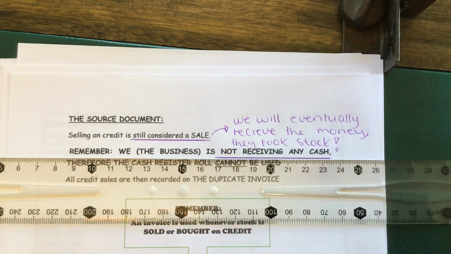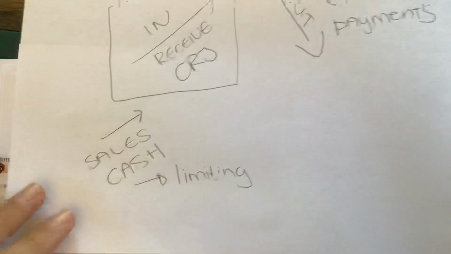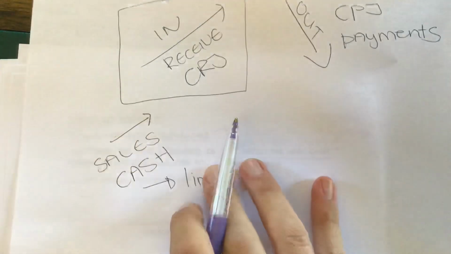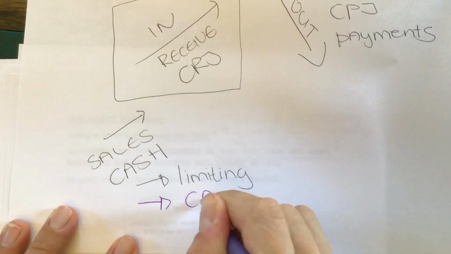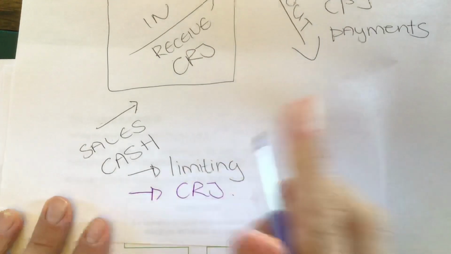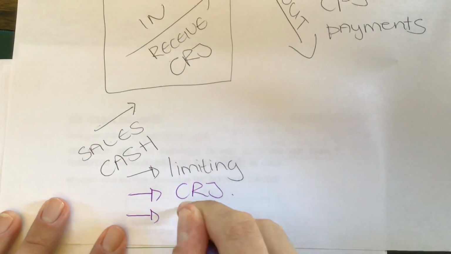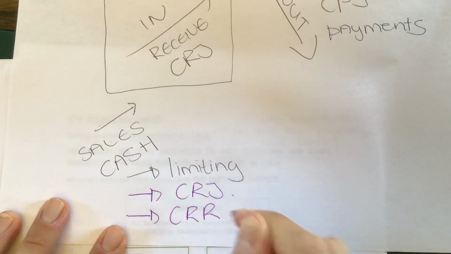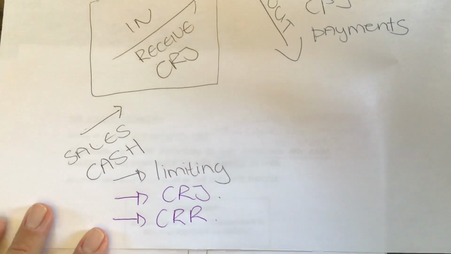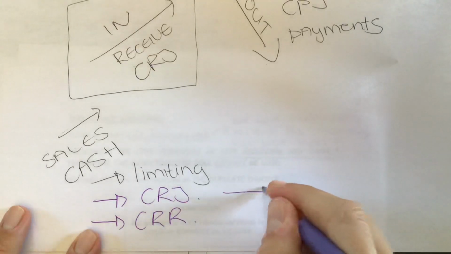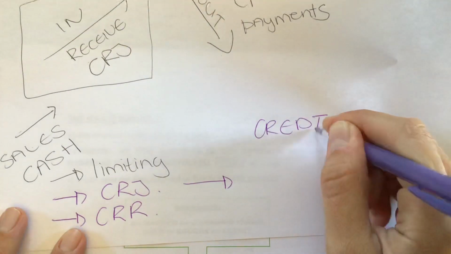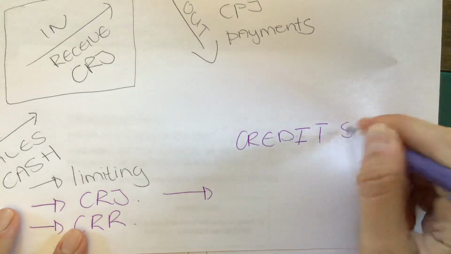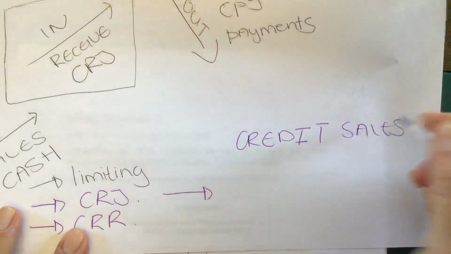So when we go back and we talk about cash sales, what I spoke about before, where we would record it was a CRJ, and if you all remember, the source document was the cash register roll. But now, we are doing credit sales. We are selling on credit, which means we're not receiving any cash whatsoever.